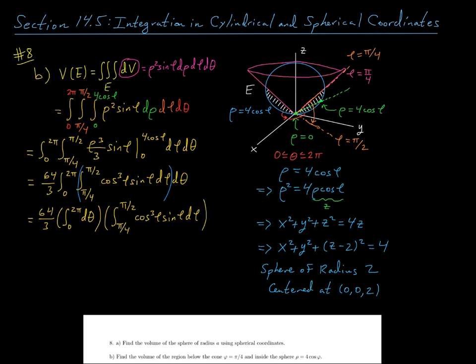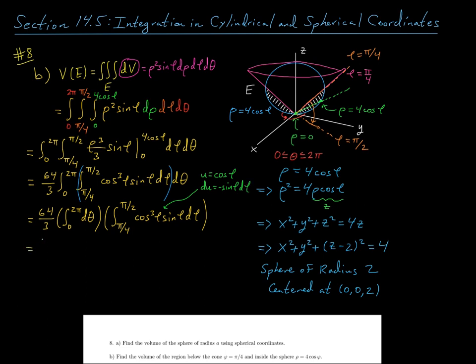Okay, so now for this phi integral, since I have a cos cubed here and then a sine phi d phi, using the fact that the derivative of the cosine is negative sine, that suggests making a substitution, namely the substitution u is the cosine of phi. So then du would be minus sine phi d phi.